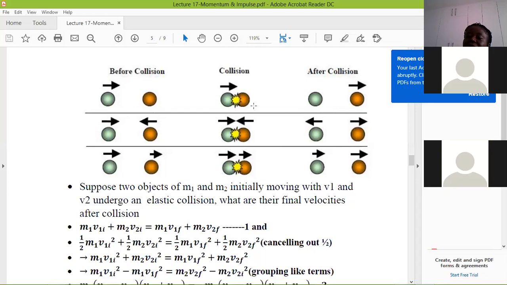So if you calculate the velocities before and after, then you will see that the relative velocity, when you sum up the two, is equal to the negative velocities after the collisions.